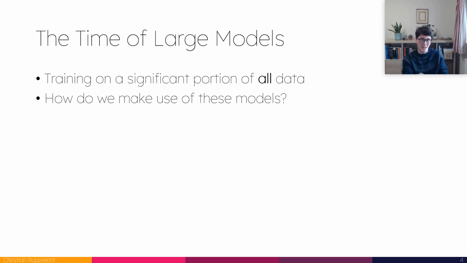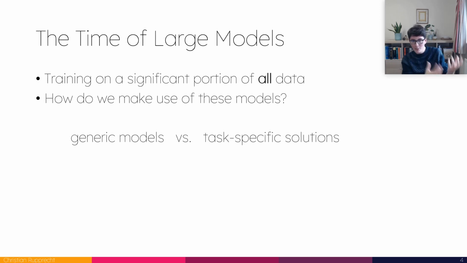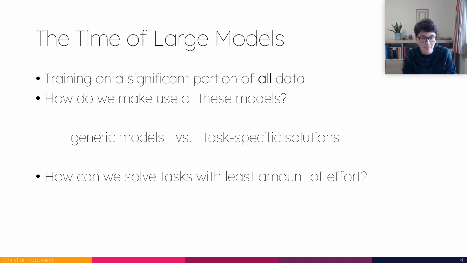I think we're currently in a kind of strange state. We have very generic models that have been trained on lots and lots of data, but we use them to solve tasks that are very specific, and these specific solutions are very task specific and require individual fine-tuning and so on.